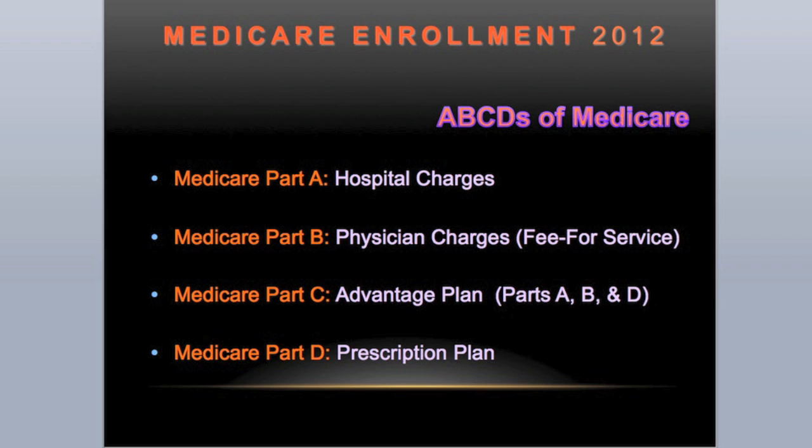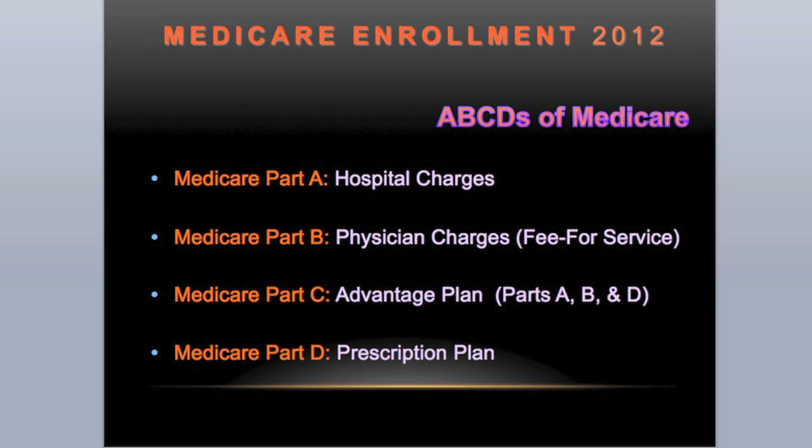Medicare Part C is a hybrid of Part A, Part B, and Part D. This is similar to the Health Maintenance Organization or the HMO concept, where Medicare gives a lump sum amount to an insurance company to manage Medicare patients.